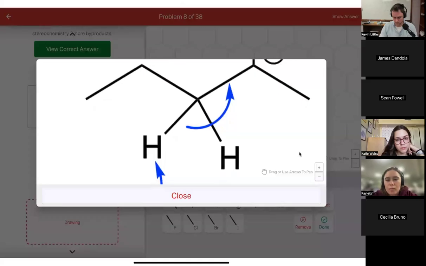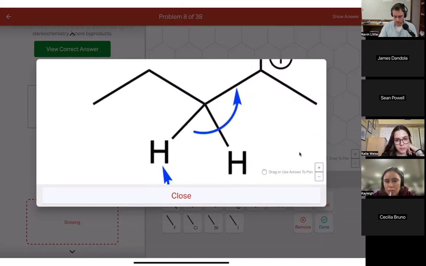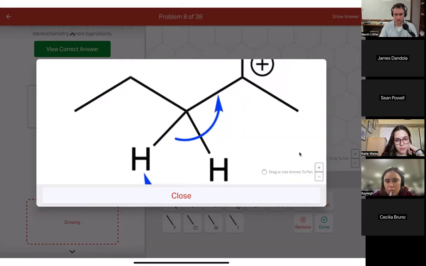It's showing the electrons going to get rid of that carbocation. The electrons from where? From the hydrogen. The hydrogen is a proton. Where are the electrons? Where is this arrow starting?